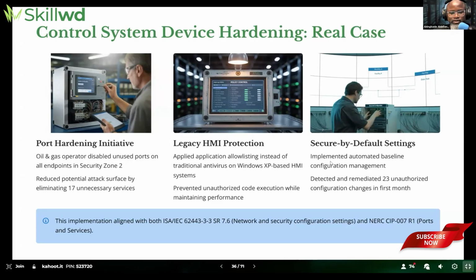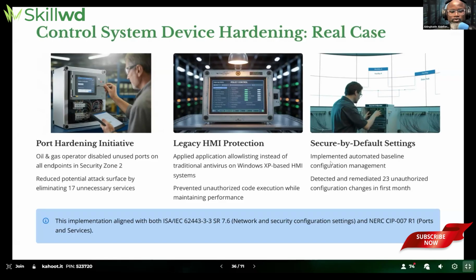Legacy HMI protection. In this case, we can apply application allow listing instead of traditional antivirus on a Windows XP based HMI system. You can imagine even the thought of using XP, an old operating system.